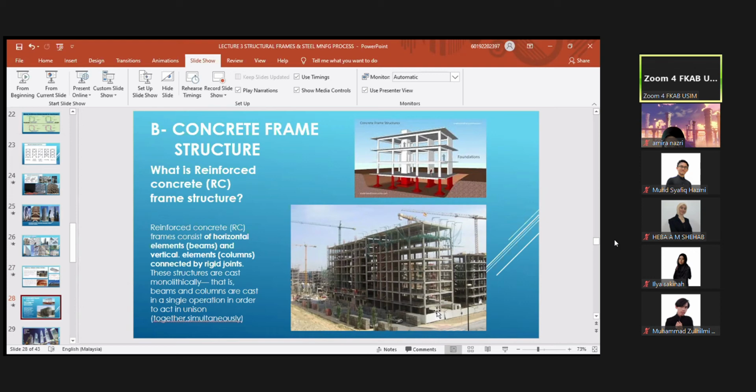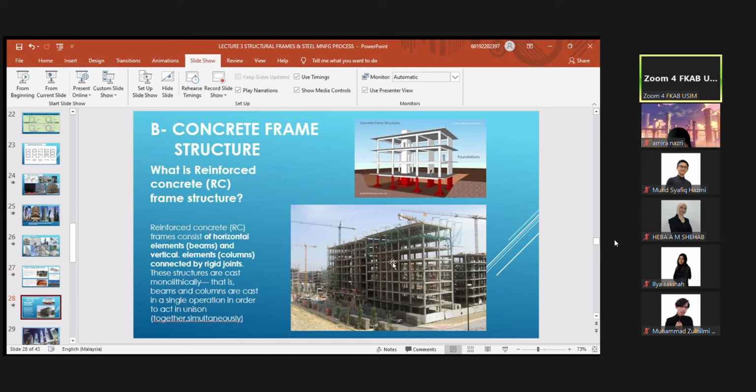So the reinforcement is ready, and the reinforcement on the floor is ready, they pour concrete. At the same time, they pour concrete for the column, and then the next floor, layer by layer, cast at one time per floor.